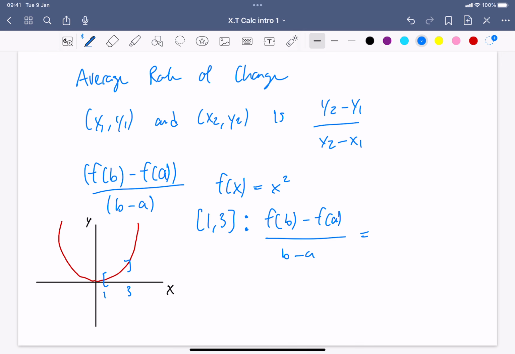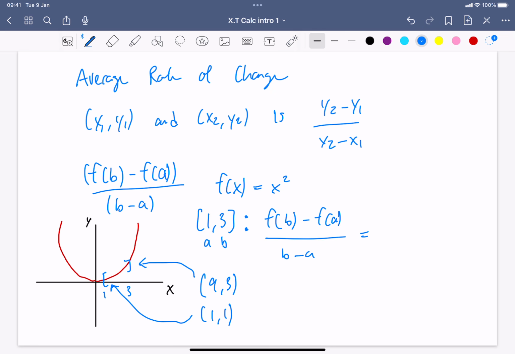In this case, b is 3 and a is 1. f of b pretty much is just y2, so the coordinates would be 3, 9 and 1, 1. These are the 2 points here. I know it's not really drawn to scale, but it's just for demonstration purposes.